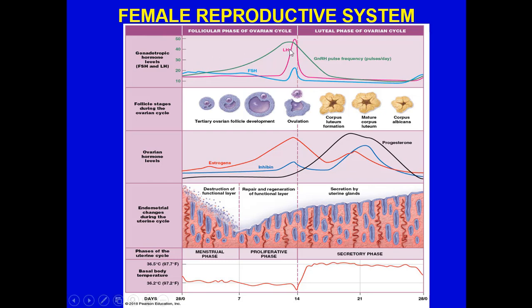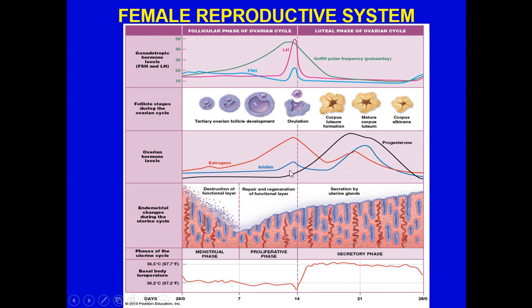But what you're going to see just before the time of ovulation is a spike in LH, a spike in FSH, and GnRH. At the same time, you're going to have this massive spike in estrogens, and then estrogen will start going down. Inhibin has this spike just afterwards, which is going to cool off FSH, and that accounts for the trough you see in FSH.